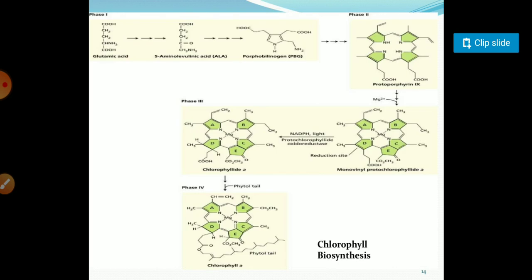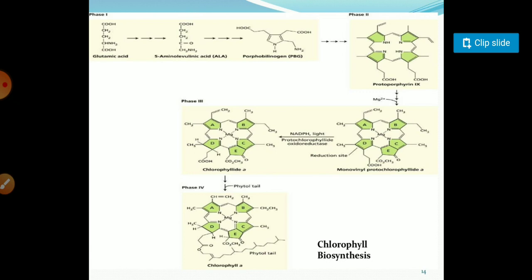So here is the biosynthesis of chlorophyll. Here you can see that glutamic acid converts into 5-aminolevulinic acid, ALA.